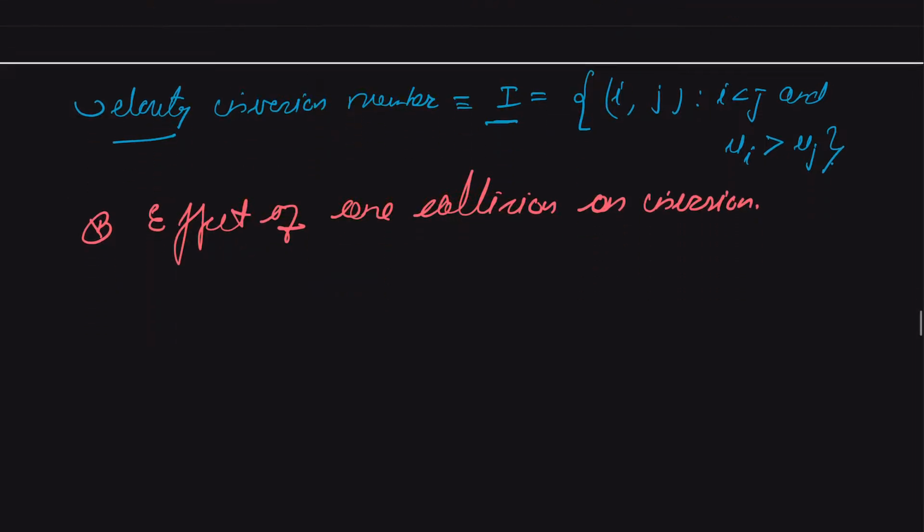Like I said, we have two balls, and ball I is going to collide with ball j, or we can write that I is going to collide with the next ball, that is I plus 1.